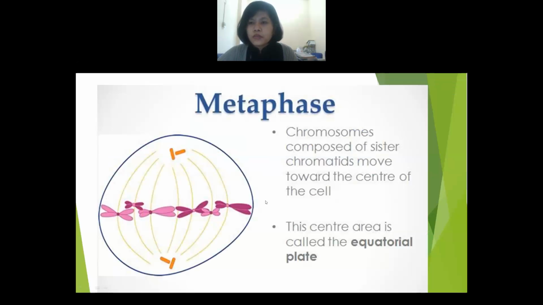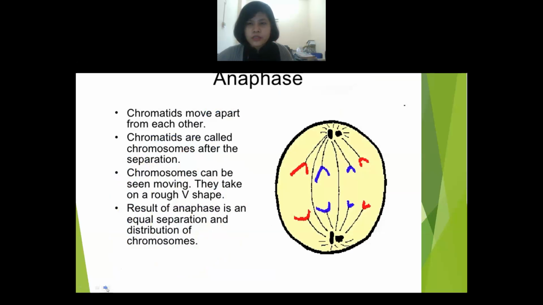Next is metaphase. So in the metaphase, what will you find? These chromosomes will come towards the center of the cell. And this center area is also known as the equatorial plate. Next is anaphase.